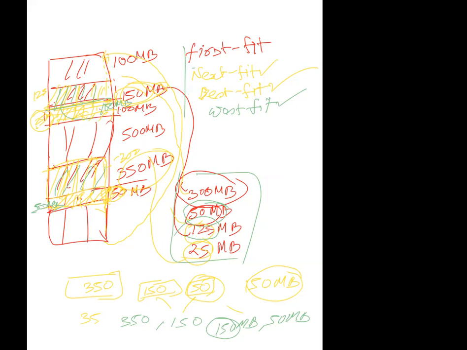We don't know the process sequence or process size, so we cannot decide that best fit is the best or first fit is the best for memory allocation.